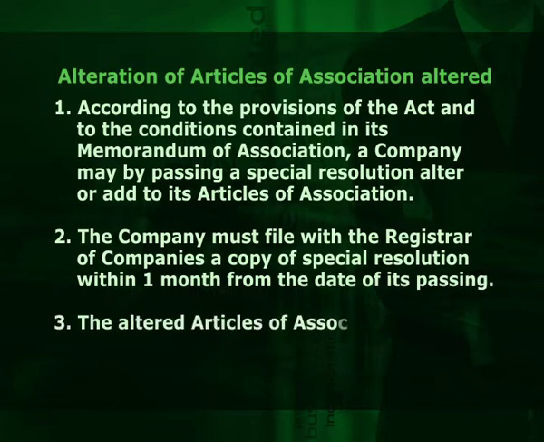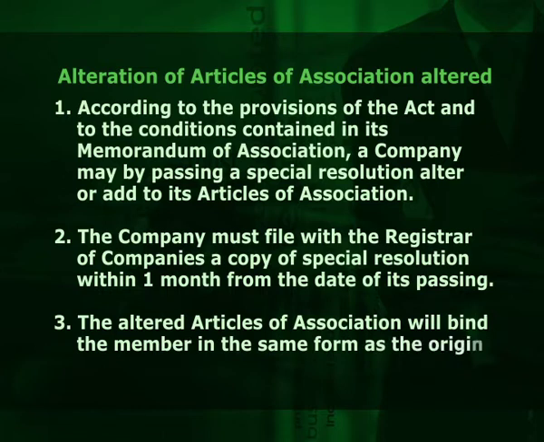Third, the altered Articles of Association will bind the members in the same form as the original articles. Let us now discuss the limitations to alteration. The alteration made in the articles will be valid as long as they fall within the following given options.